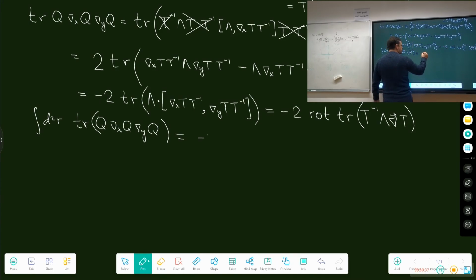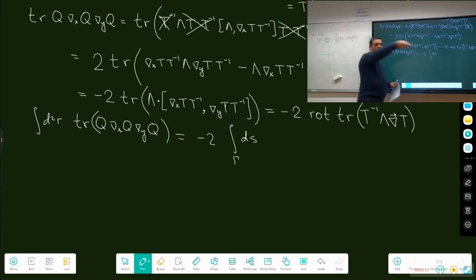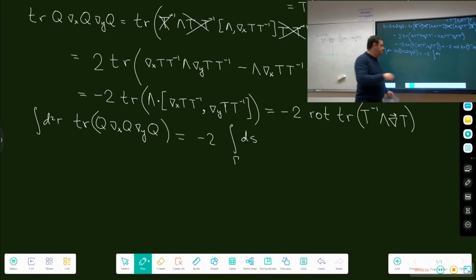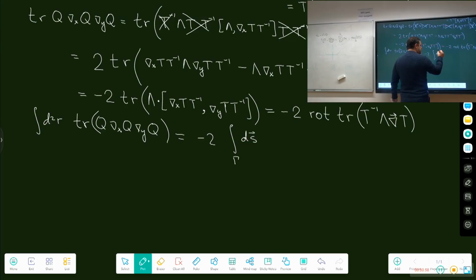So it is minus 2 and then an integral over gamma, over the boundary of our two-dimensional space, ds times this trace, trace of T inverse lambda gradient T.